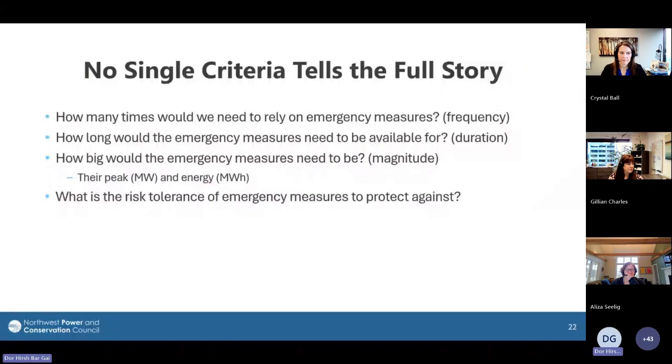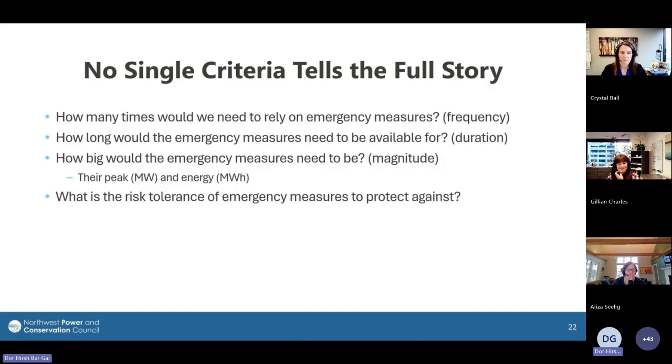The last slide before a break is that no single criteria tells the full story. I think this came up naturally by itself, but frequency just tells you frequency. Likewise for duration. And how many times we would need to rely on emergency measures is a very important concept. We'll talk about those right after the break. But that wouldn't tell us for how long we need to use them.